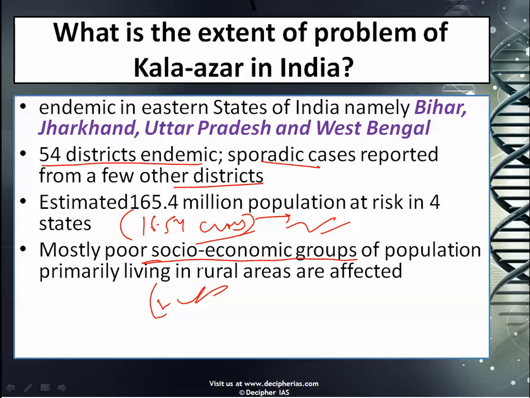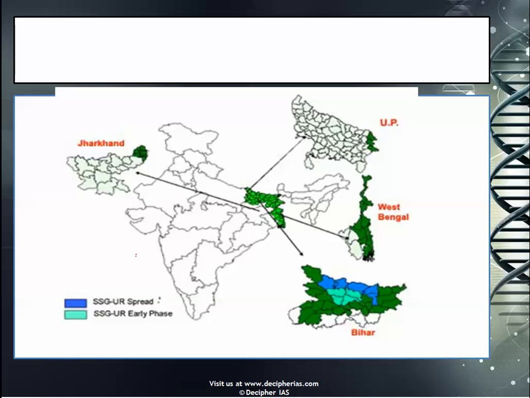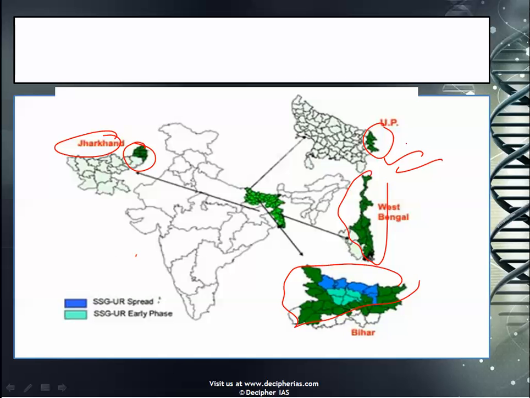So let's move ahead. Now these are the areas that I want to tell you: this area in Jharkhand, then West Bengal, Bihar, most of the districts, and UP, some eastern districts.